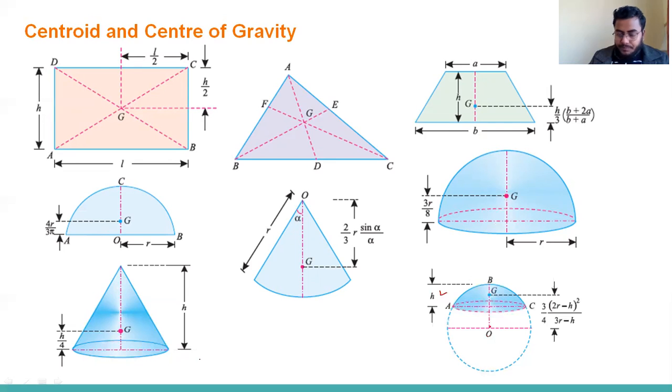And for the line, what will be the centroid? Suppose this is the length L, so the centroid will be at L/2 distance from the end. Now, in many practical cases, you can find the center of gravity without calculating.